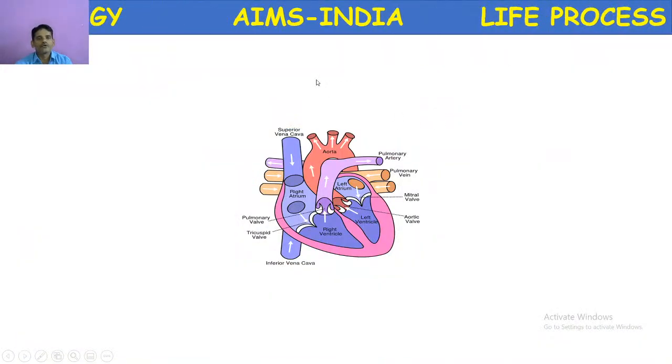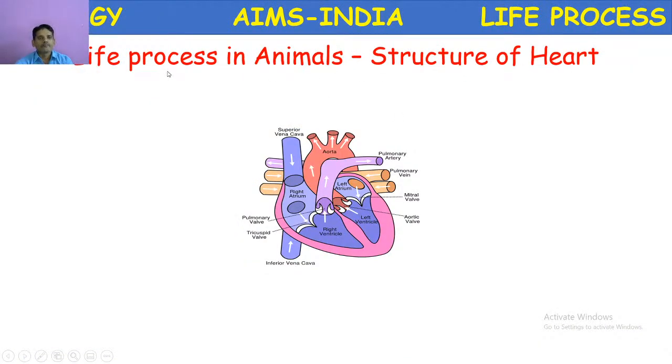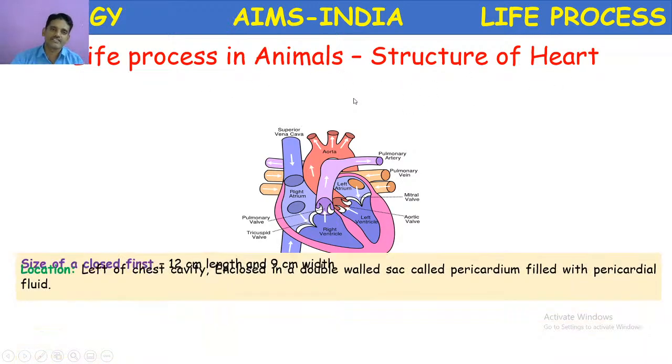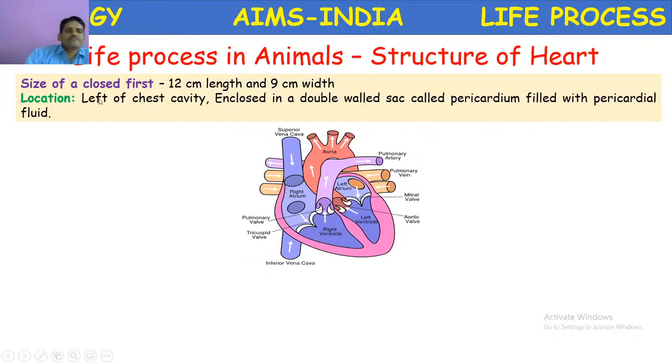Let us enter into the next life process, the structure of the heart or circulatory system. The size of the heart is about one's closed fist size. The average is given as 12 centimeters in length and 9 centimeters in width.